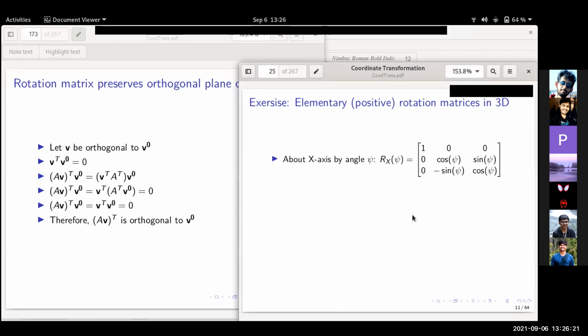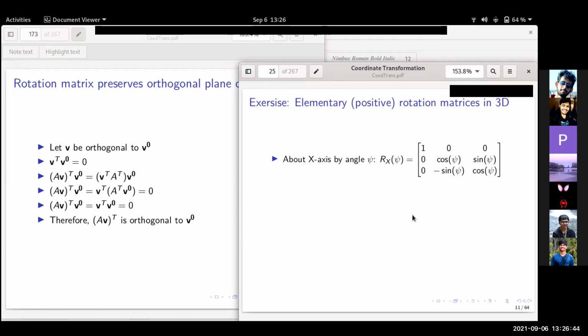Not in the abstract sense. Can you give me one realization of a vector along the x-axis in the standard coordinate system? Some example.